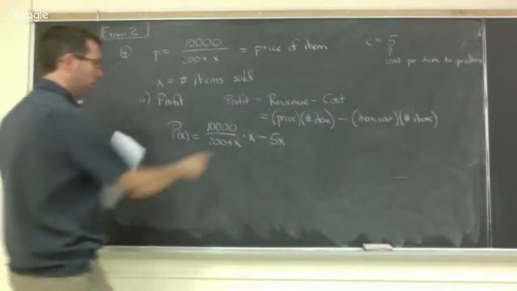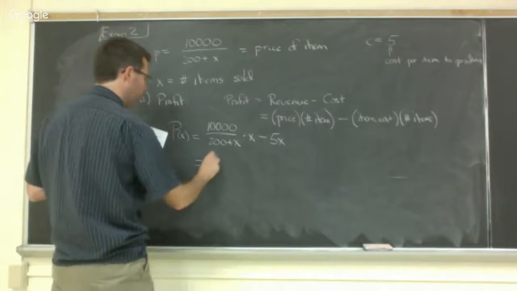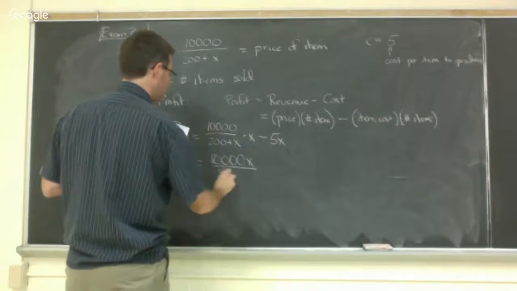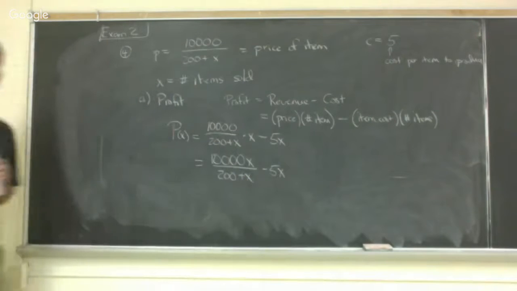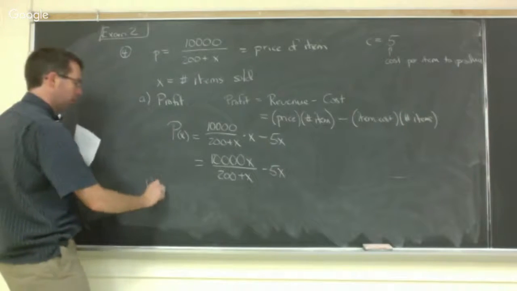Okay. This is best to rewrite as a single fraction. So this we really want to write as 10,000x over 200 plus x, minus 5x. And the reason we created this is the next part of the problem: we want to maximize our profit.